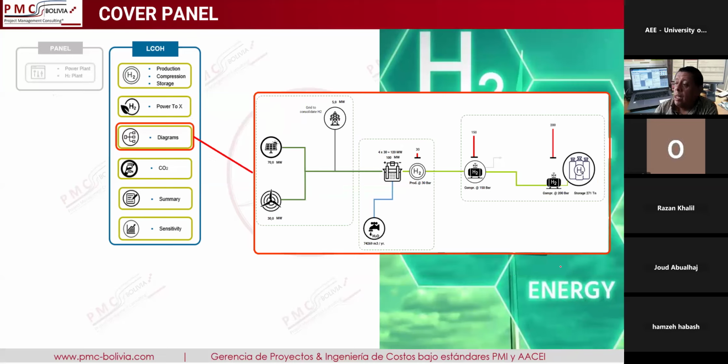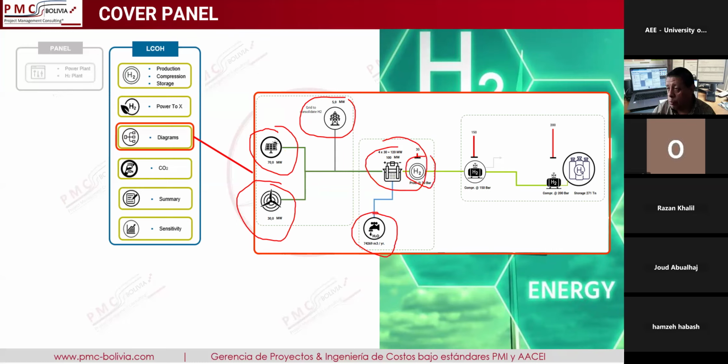Diagrams. The model automatically shows 32 configurations of the diagrams. For example, this diagram configures photovoltaic plus wind plus grid connection to firm the hydrogen supply, plus a water plant, electrolyzer plant, production, compression, and storage.